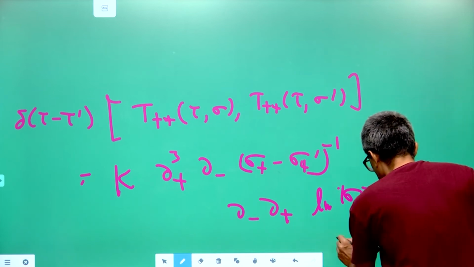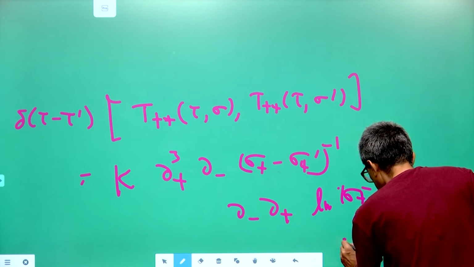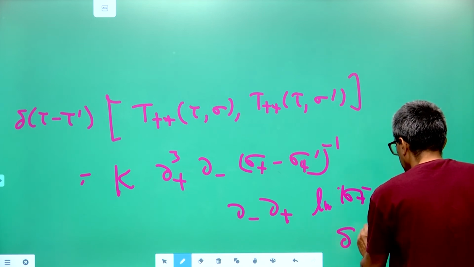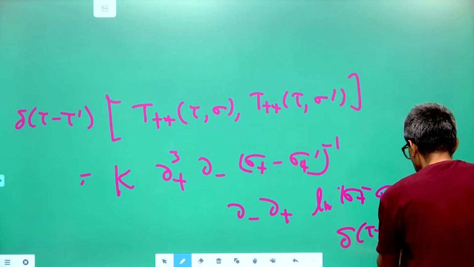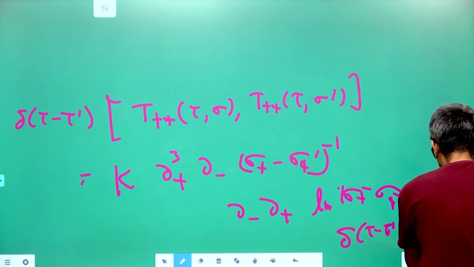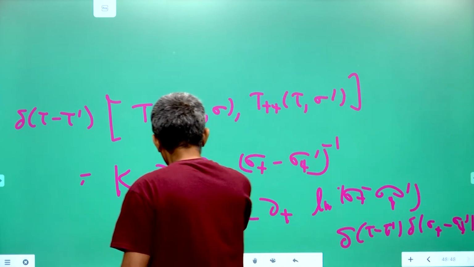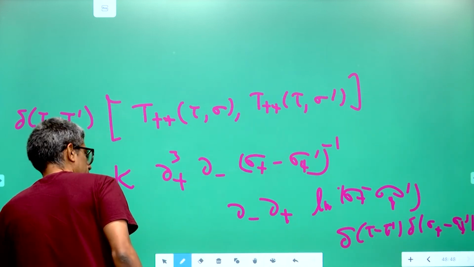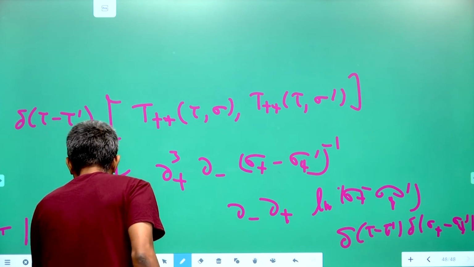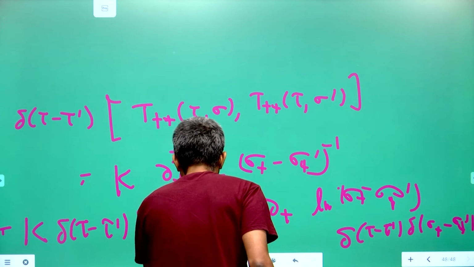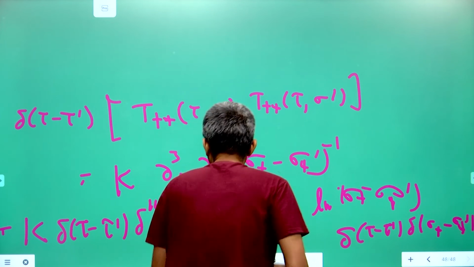So this can be replaced by a 2-dimensional delta function, namely delta of tau minus tau dash into delta of sigma plus minus sigma plus dash. So this quantity becomes simply k times delta of tau minus tau dash into a triple derivative of a delta function sigma plus minus sigma plus dash.